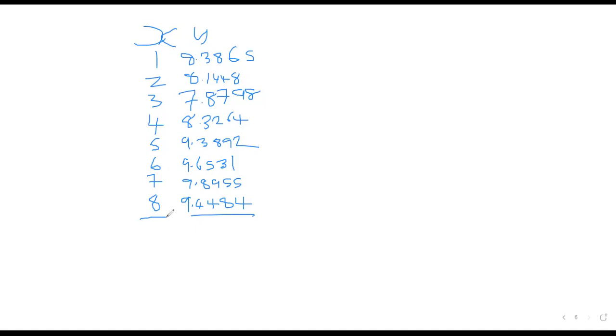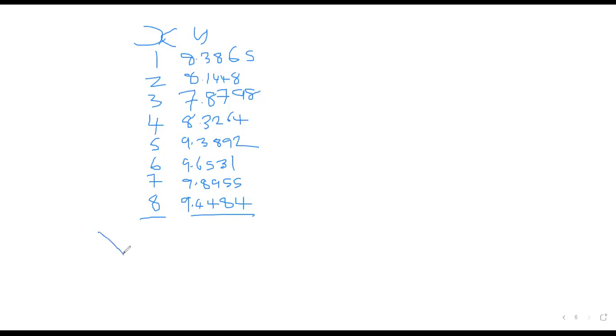So 1 comma 8.3865 M plus, 2 comma 8.1448 M plus, 3 comma 7.8798 M plus, 4 comma 8.3264 M plus, 5 comma 9.3892 M plus, 6 comma 9.6531 M plus, 7 comma 9.8955 M plus, 8 comma 9.4484 M plus.